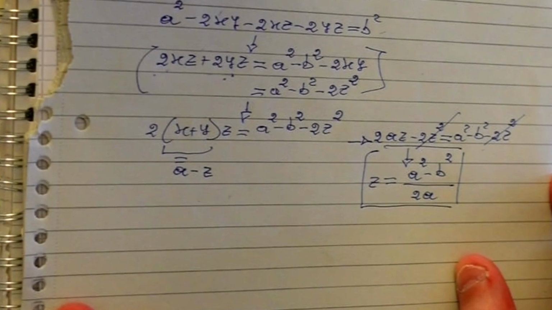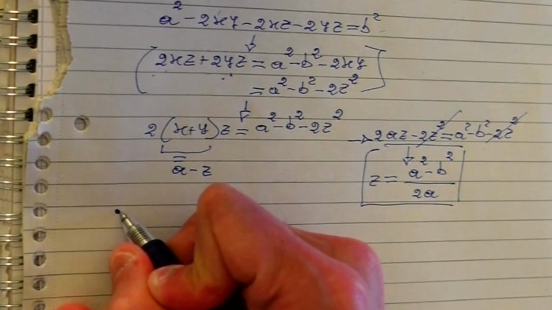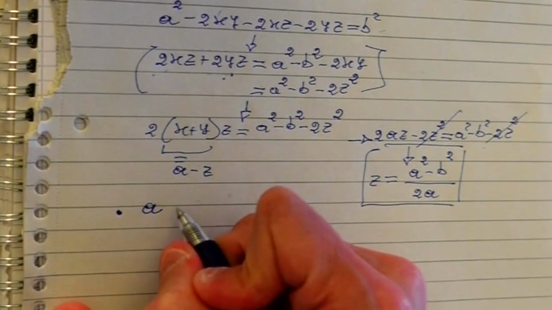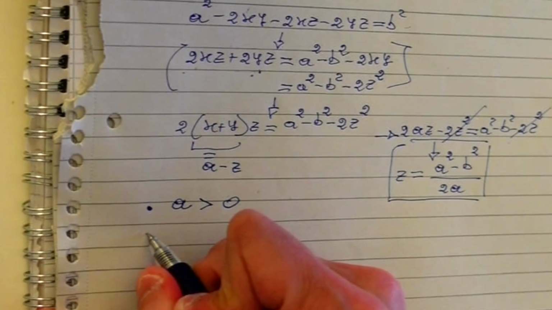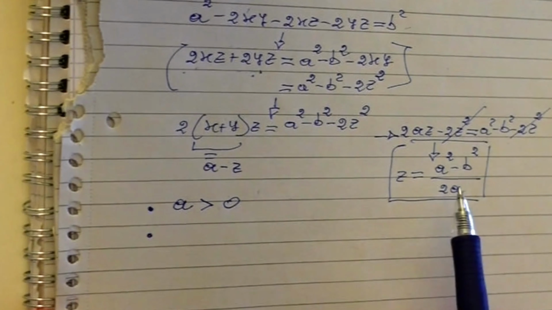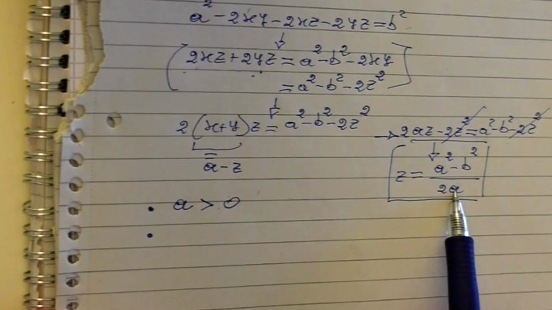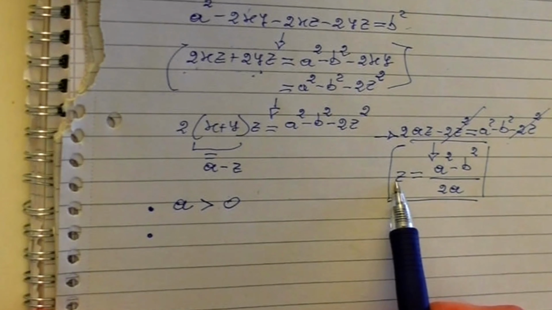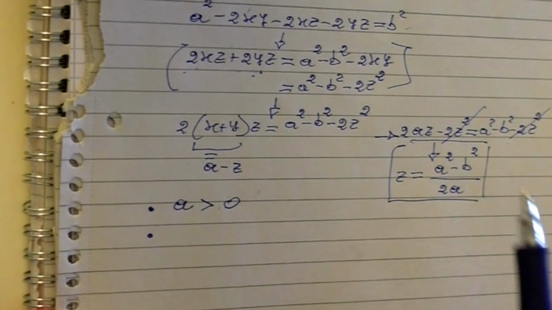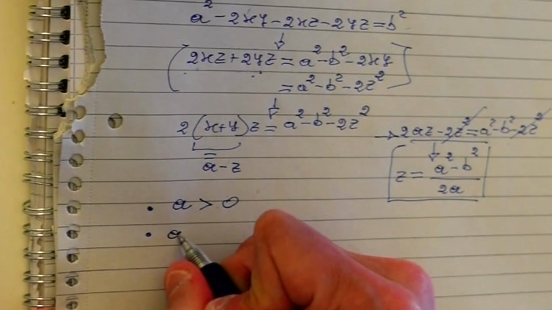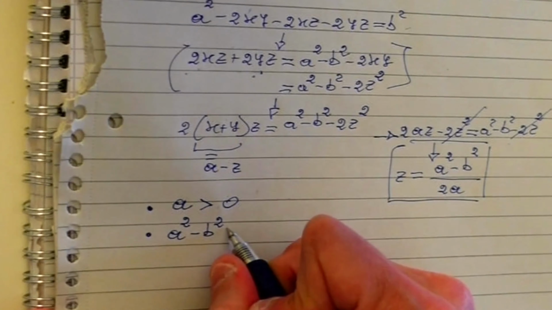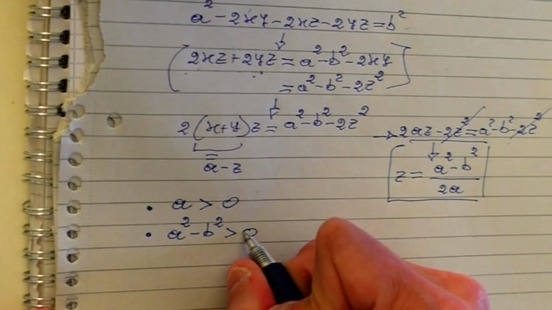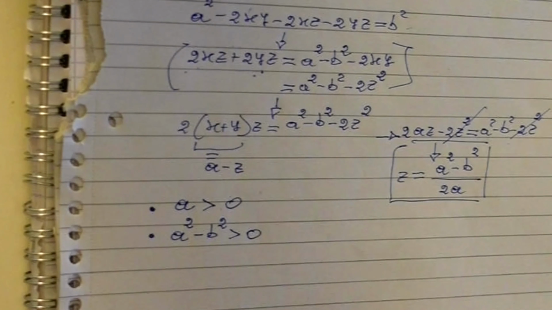We come to the conclusion that two important conditions are: first, a must be positive, and according to this condition, the denominator here must be positive. In order for z to be positive, the numerator must be positive. This implies that the second condition is that a squared minus b squared be a positive number. So we have found those two conditions, and now let's use the first equation and the third.